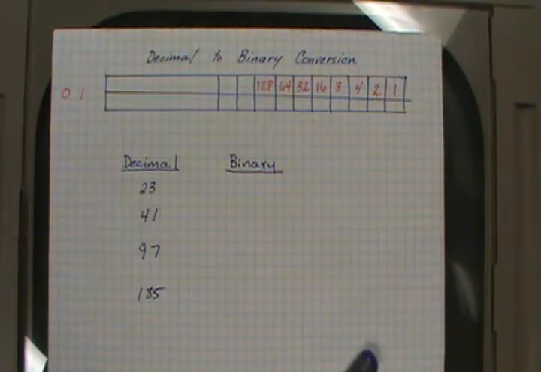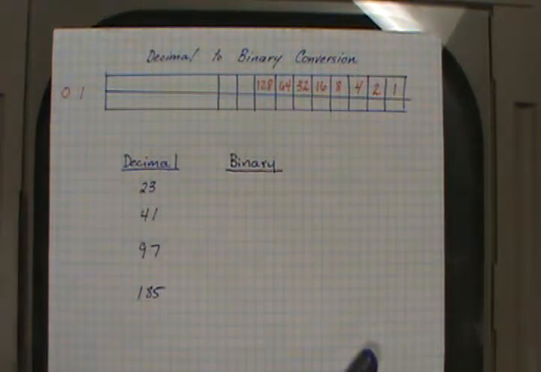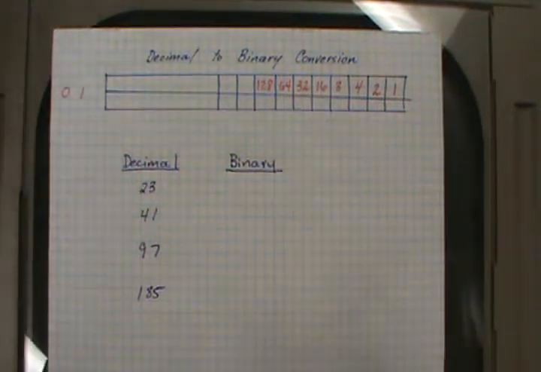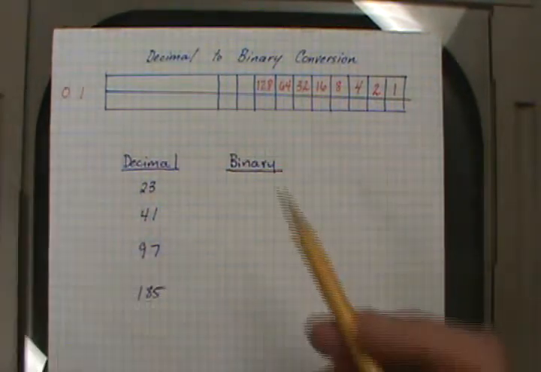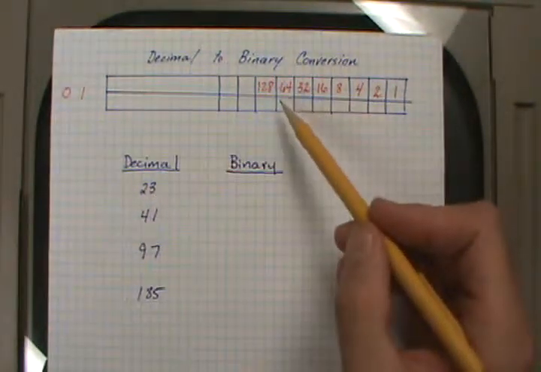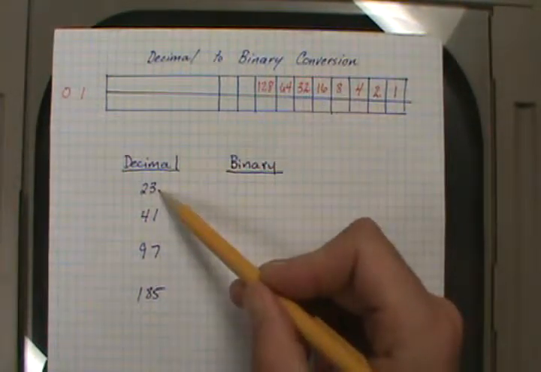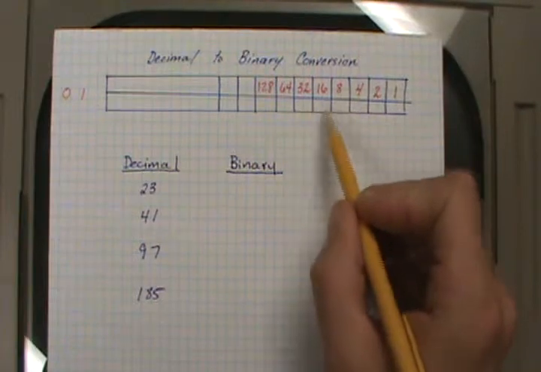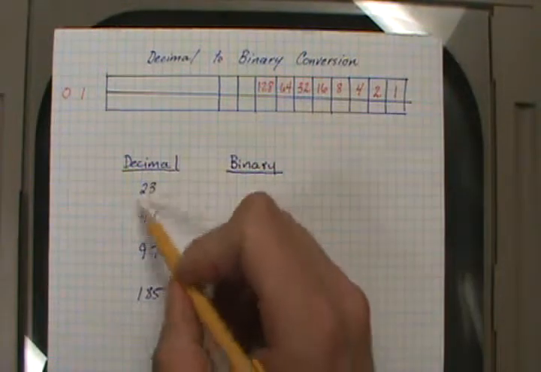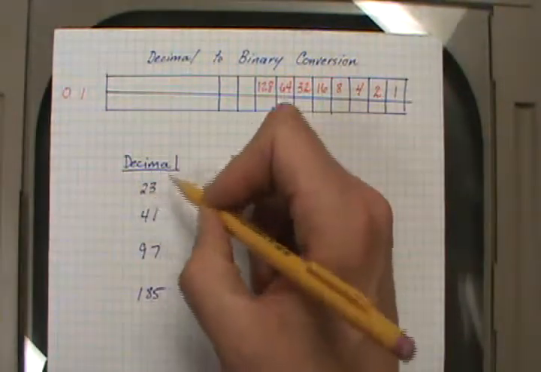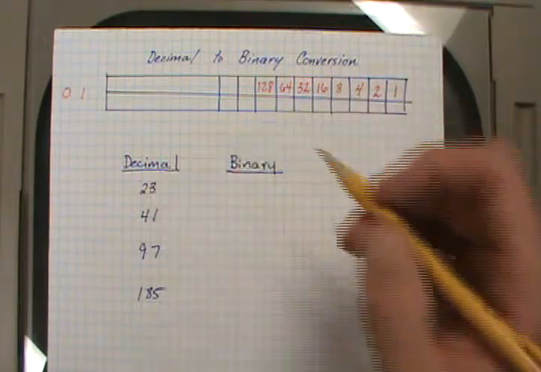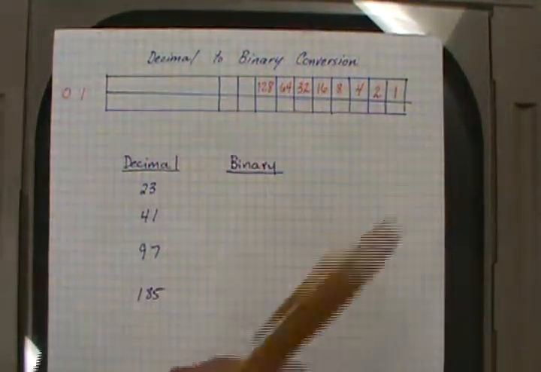Alright, so to perform this, I mentioned before, we're really going to be looking to see what the largest number we could fit into this decimal form, and then we're going to occupy that with a 1, and so on and so forth until we are able to properly get 23, or whatever the decimal number is.